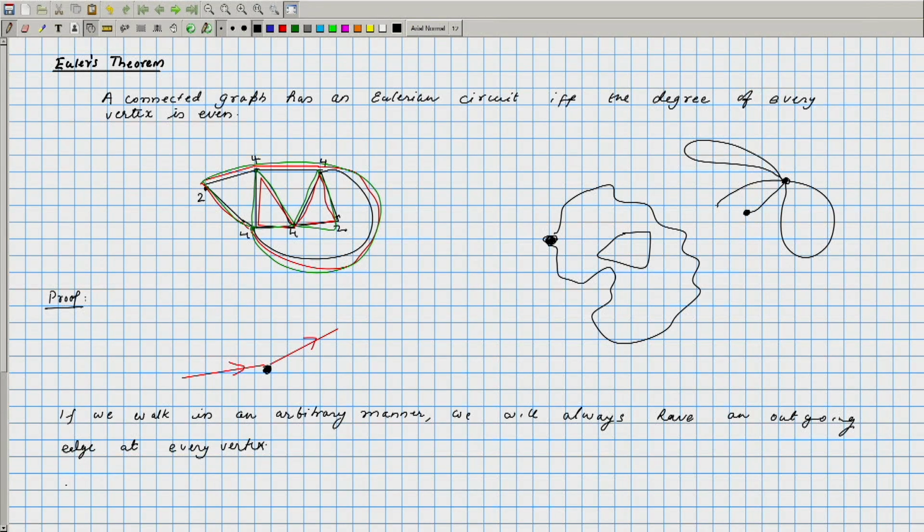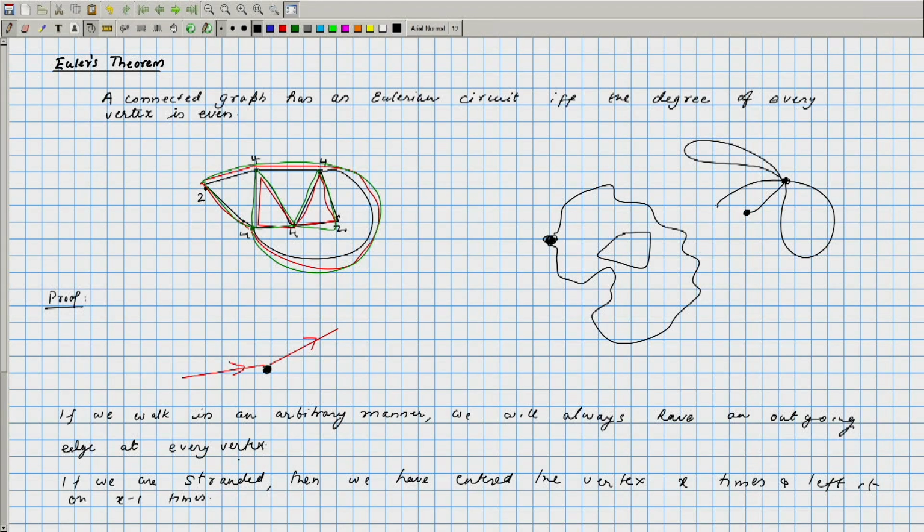If you are at an in-between vertex and you have no edges to move, that means you have come there some number of times and you have left that vertex one less time. Okay. So, formally we can say the following: suppose we were stranded, then we have entered the stranded vertex x times and left it only x minus 1 times. The starting vertex is different because the starting vertex we never enter, we just leave.